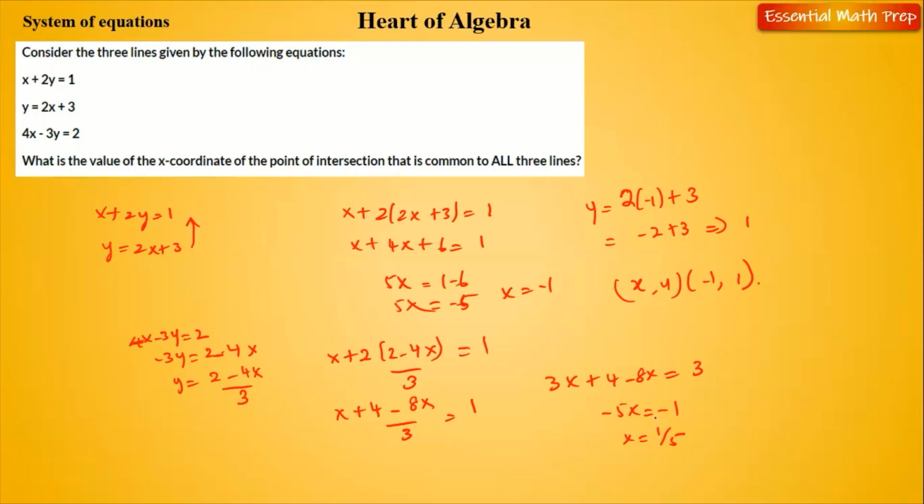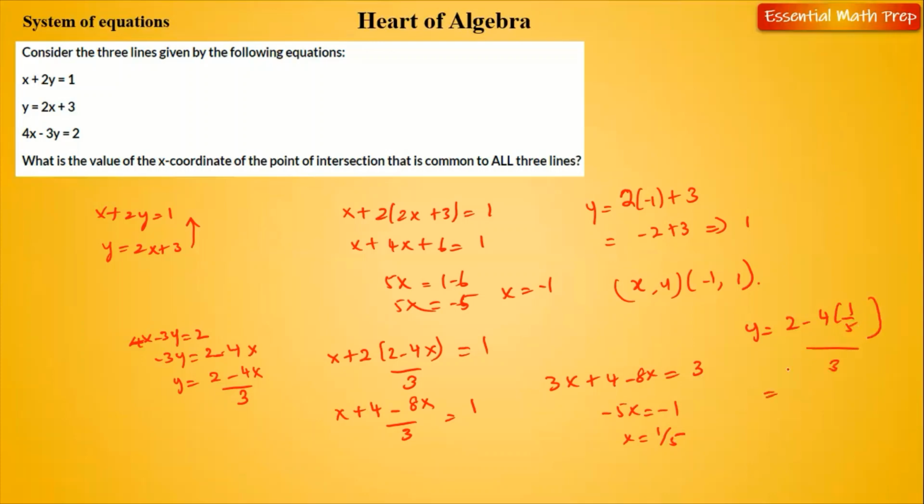Did I do my math right? It's correct. Now let's substitute x equals 1 over 5 into any of the y expressions. We know y equals (2 minus 4 times 1 over 5) over 3.